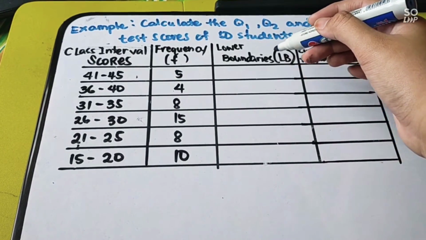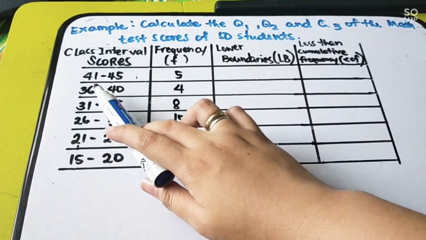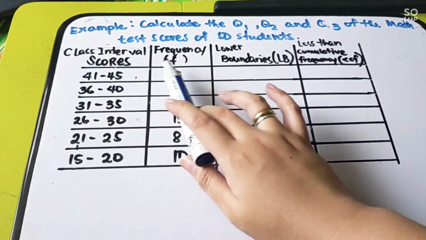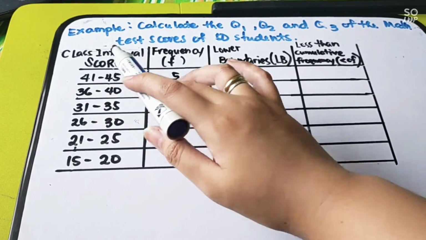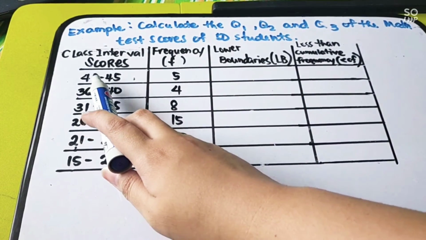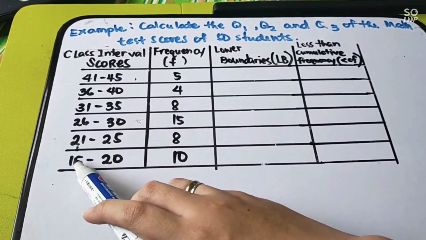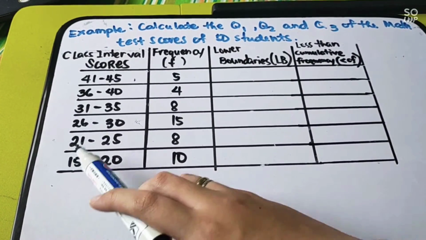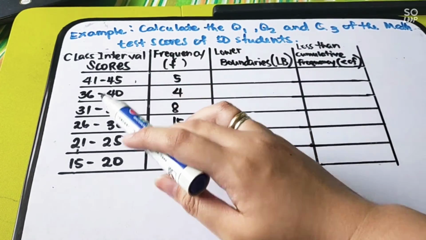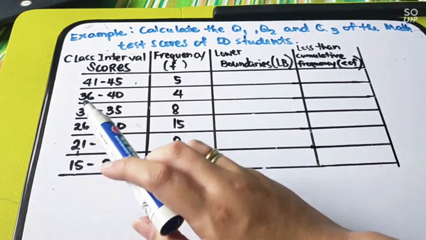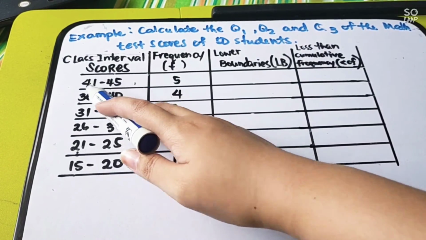To find the lower class boundaries, it's like this. Look at the class interval, at the lowest score in each class. So we have here 41, 36, 31, 26, 21, and 15. To find the lower boundaries, you subtract 0.5 from the lowest score.